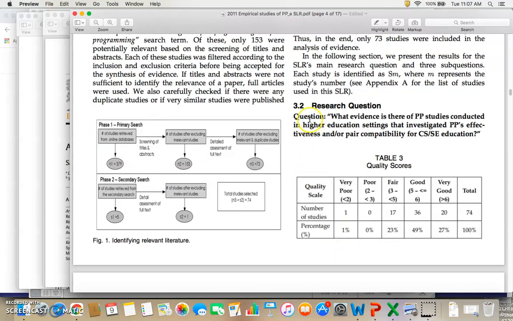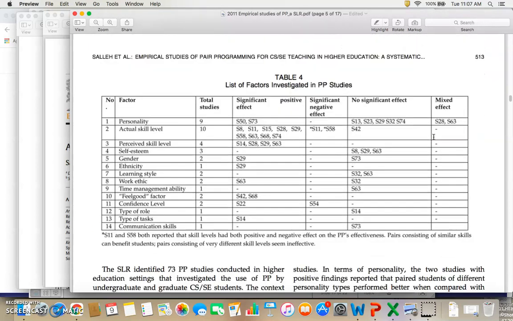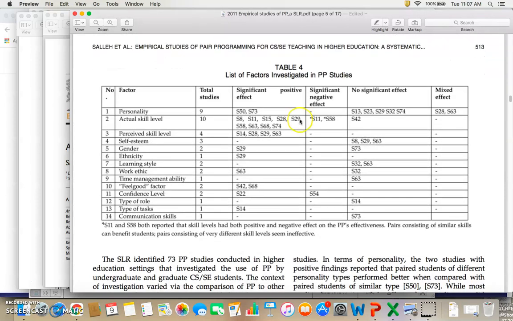For this question, what evidence of pair programming studies have been conducted in higher education settings, I included what I have found, what people have studied, and these are all the factors that people have studied. When I read the papers, I see some of them reporting positive effects, some saying negative effects, and some did not say anything, for example, no effect being observed, and some observe mixed effects.